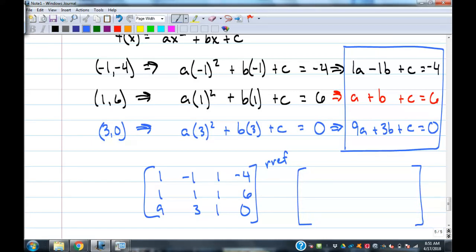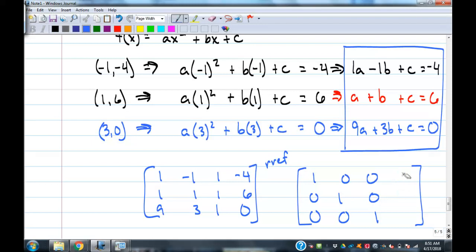Y'all tell me what you get. What that third column ends up being. Down through here, you got 0, 0.